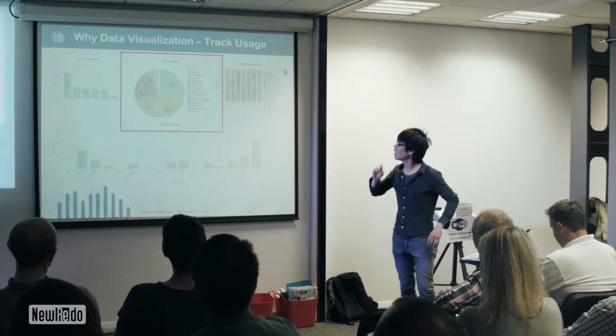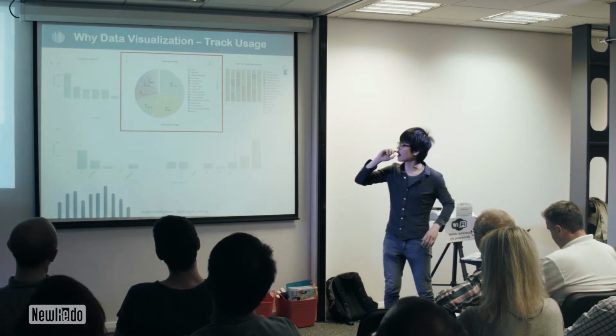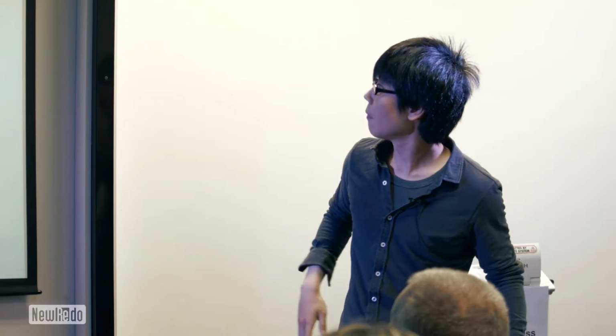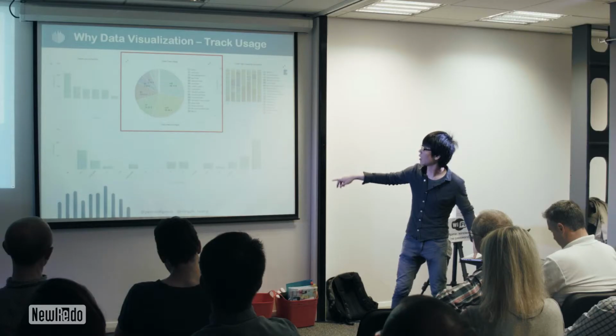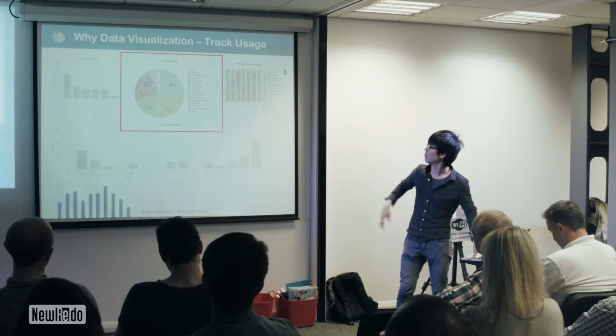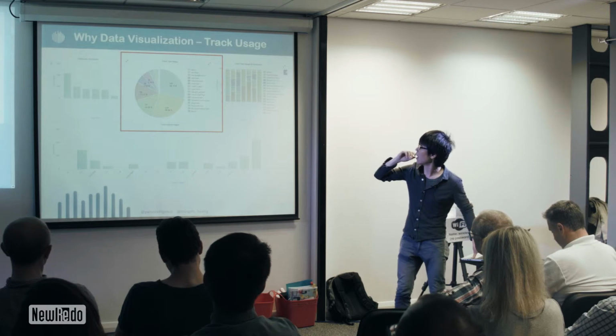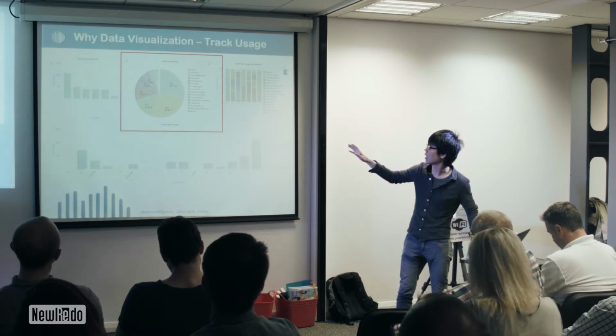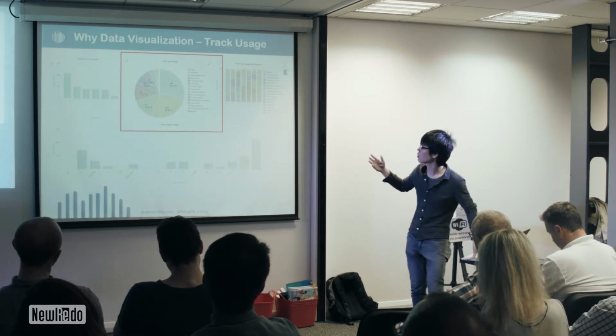Yeah, so another example is with data visualization, we can actually check the usage of our system, okay? So for example, this is the usage of our system. The one in the middle is we check our customers to see what sort of charts they use the most, okay?